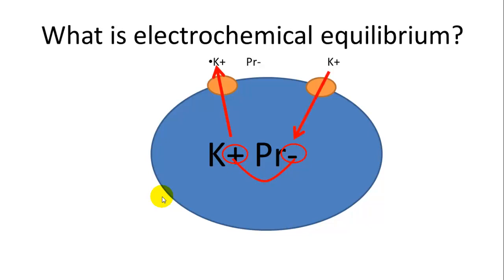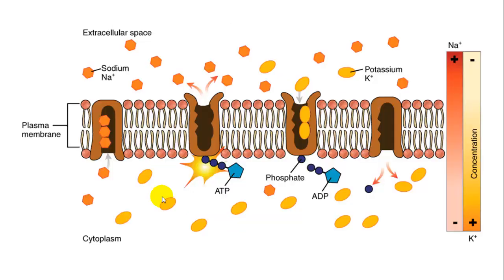Sodium, on the other hand, is also attracted inside of the cell due to these negatively charged proteins. So one of the ways in which the electrochemical equilibrium is maintained or balanced is through what's called the sodium-potassium pump.